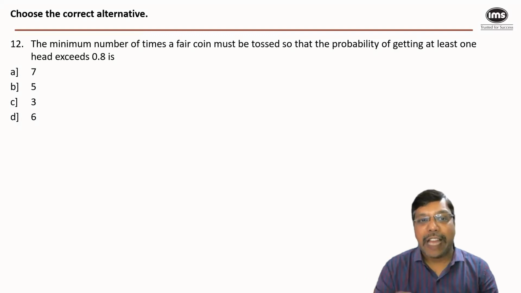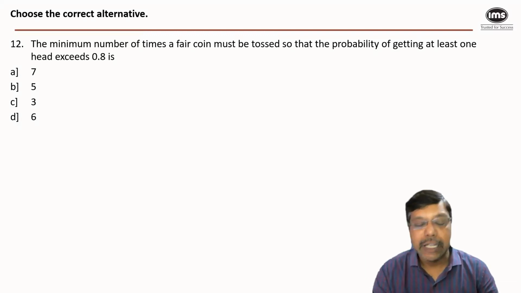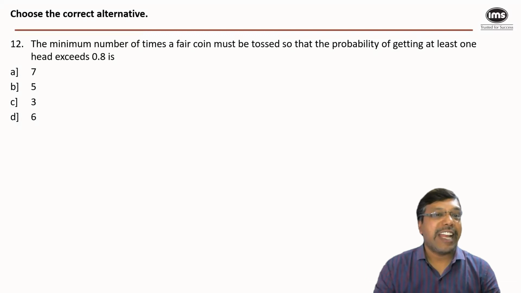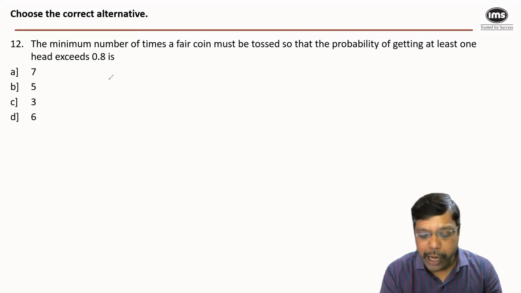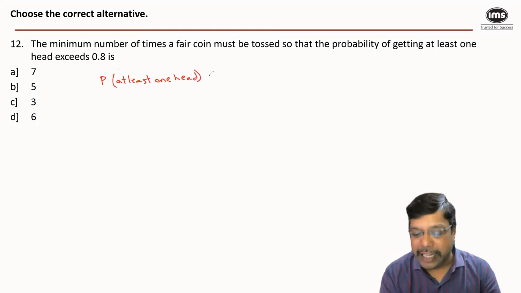The minimum number of times a fair coin must be tossed so that the probability of getting at least one head exceeds 0.8 is. Now, what I want is probability of getting at least one head, which, if you observe carefully, can be written as 1 minus probability of getting all coin tosses showing tails.